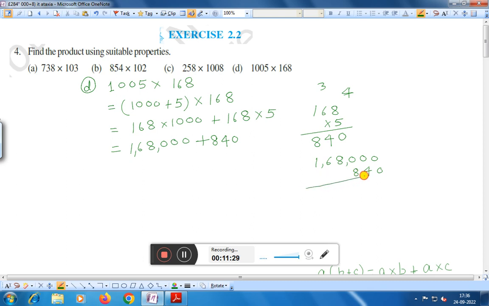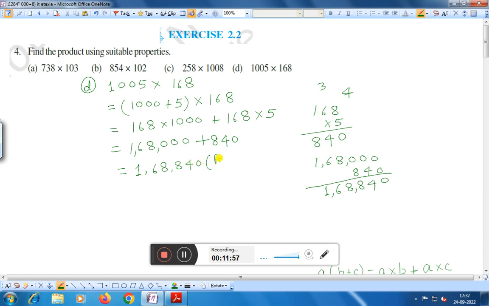If we add, we are getting 0, 4, 8, 8, 6, 1. If we put the commas, right, therefore the answer will be 168,840.